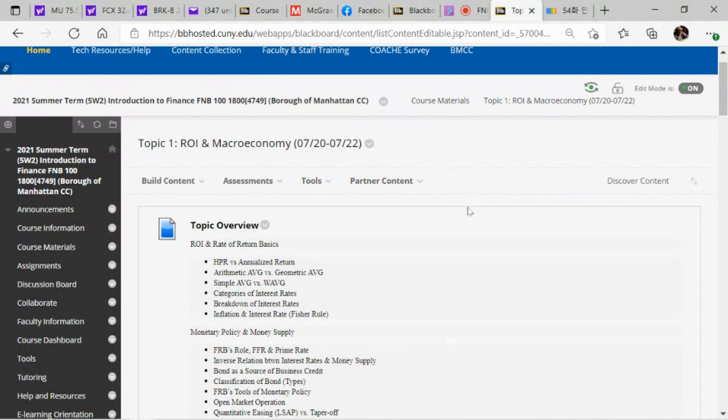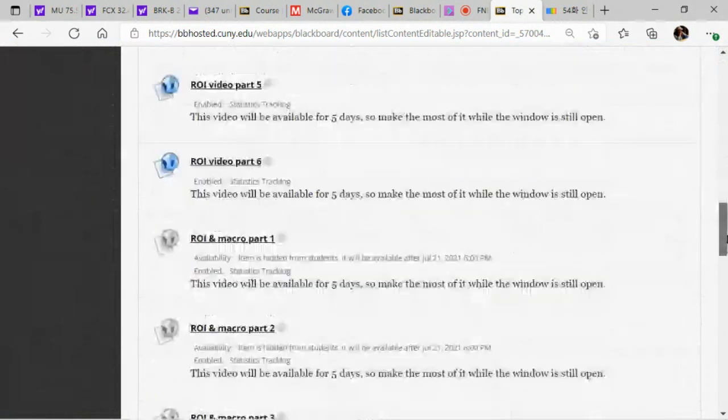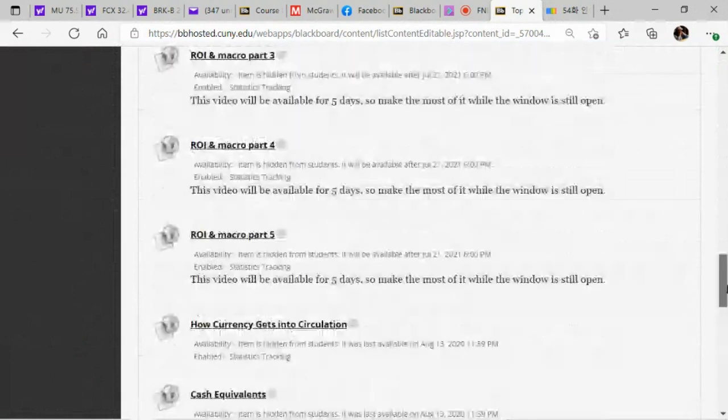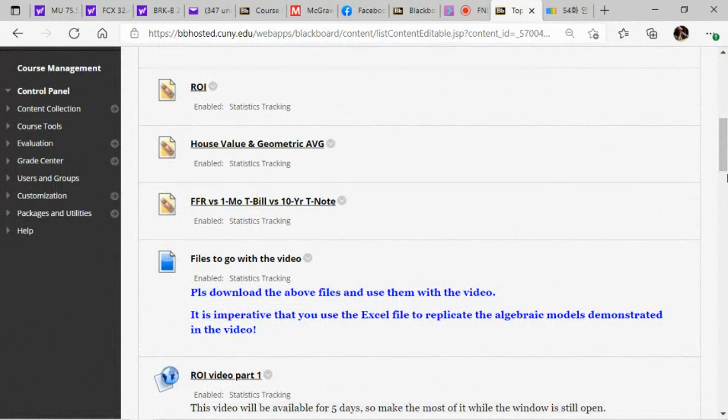We have, think about it, over 5 weeks. For these 3 days, this is the week. That's the whole week, though, right? Oh yeah. The first 3 days is the first week, but see, there are more videos to come. Okay, so ideal thing is, with this FNB 100, Finance 100, I stretched it a little.